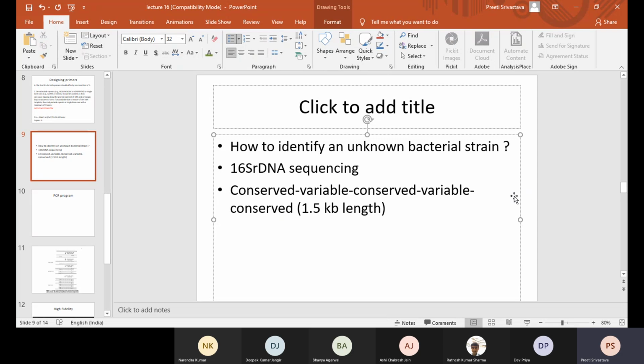So these primers class are called universal primers. Universal 16S primers. So the word universal means it will work. So universal primers for amplification of 16S ribosomal DNA sequences.